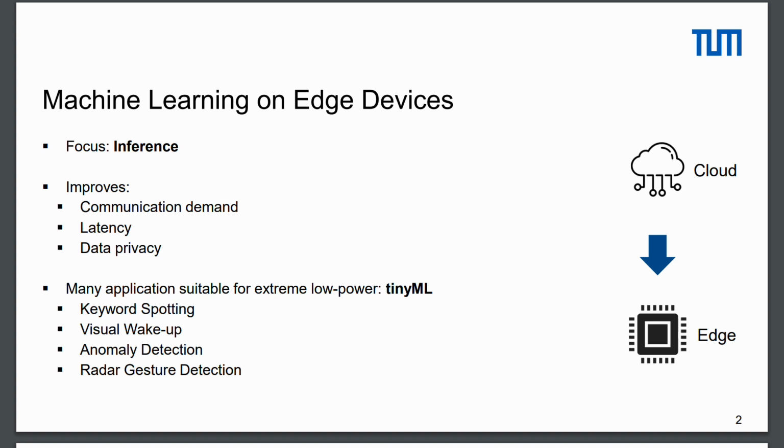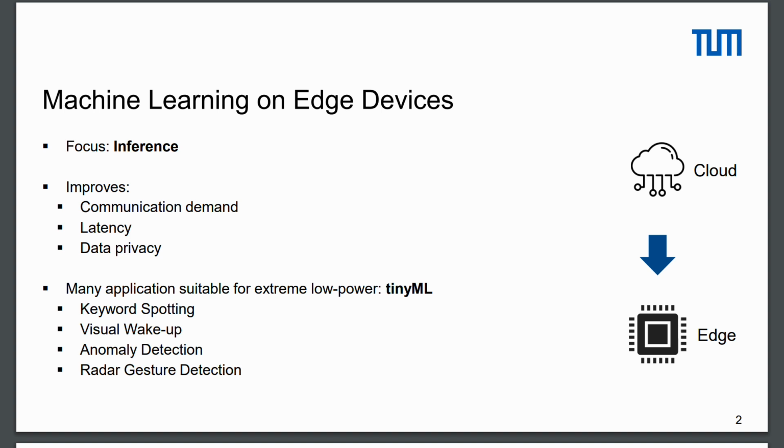So first of all, to shortly motivate the tinyML use case here, with the note that we focus on inference, so just the pre-trained model, how to efficiently execute that on a target device when doing deployment for the device.